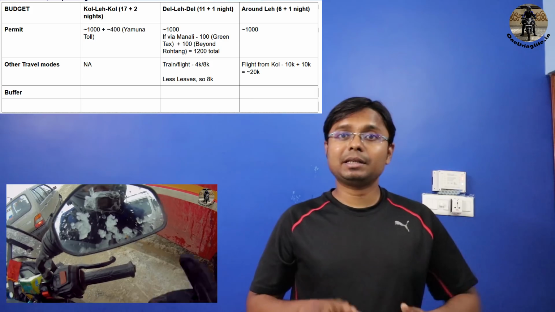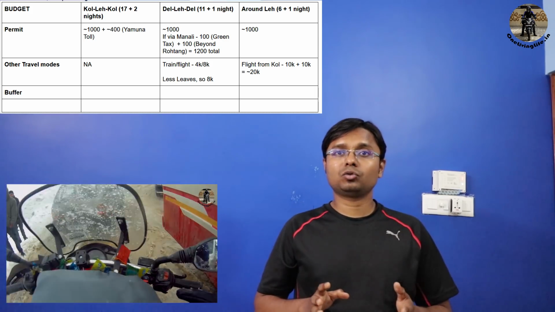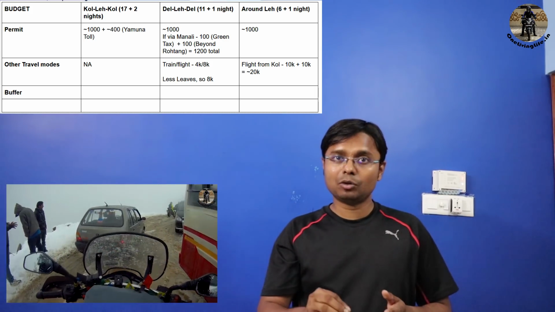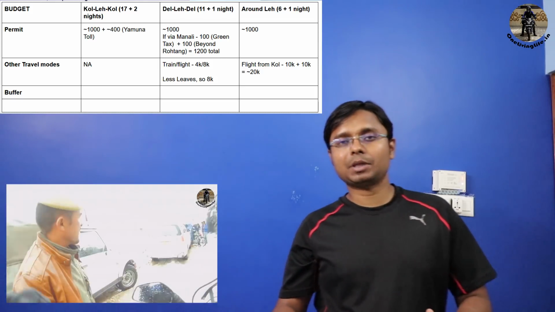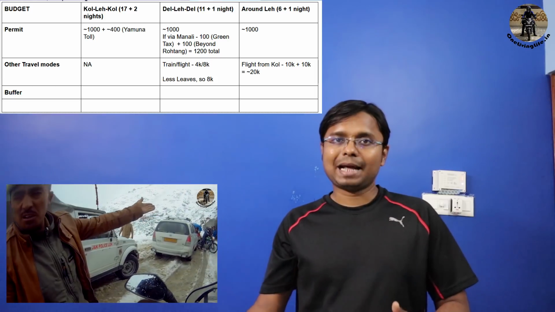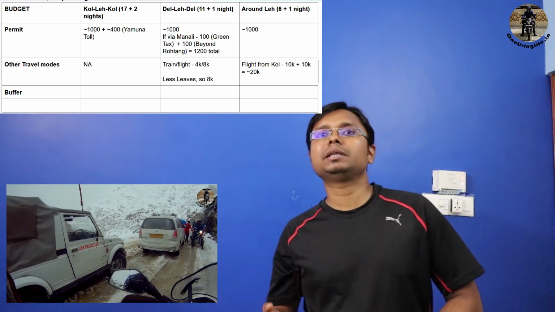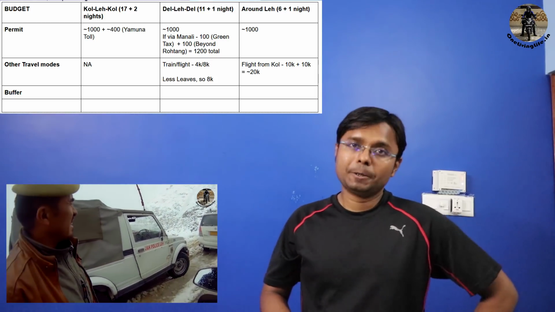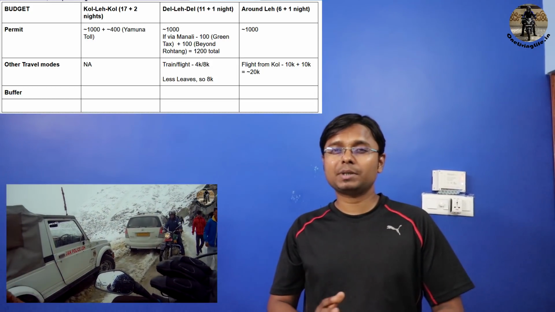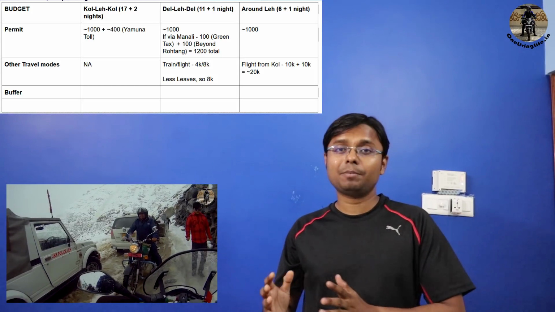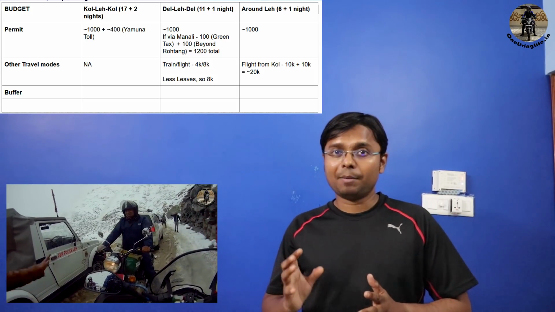Let's come to the buffer. This is the extra amount of cash that you should not spend at all, not at all. But God forbid, if something bad happens, some incident or some small accident happens, you need to be ready with the cash for your immediate expenses, right? In that case, the expense becomes quite heavy, but you must have the initial amount of money ready.